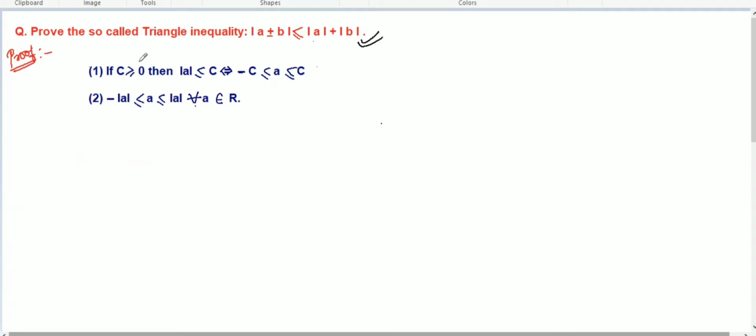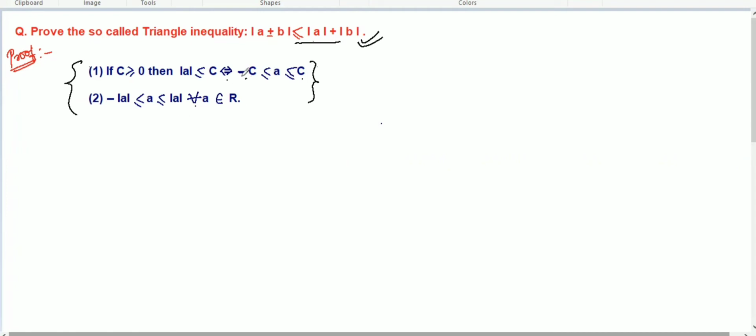We will use these two properties of absolute value of real numbers in this triangle inequality. The first property says if c is greater than or equal to 0, then the absolute value of a is less than or equal to c. It implies that a is greater than or equal to minus c and less than or equal to c.